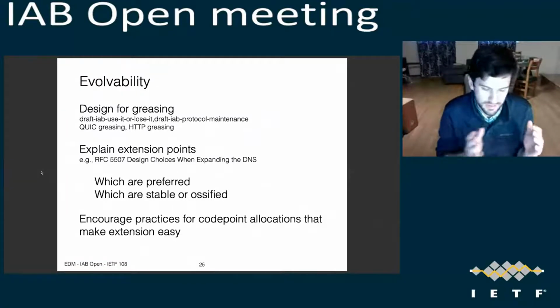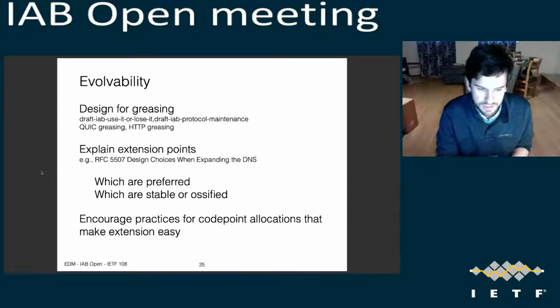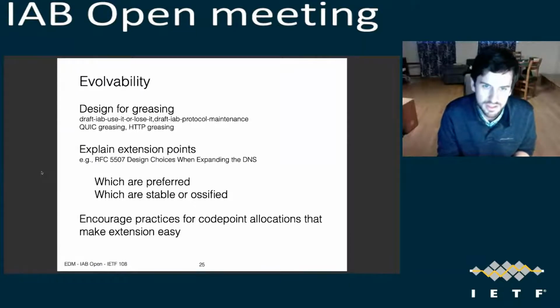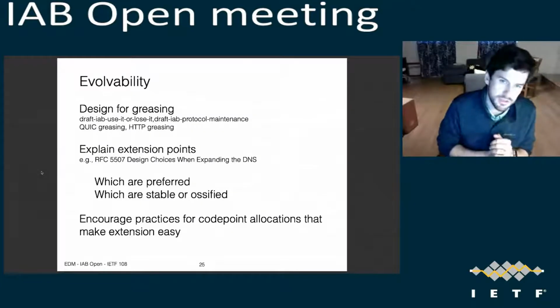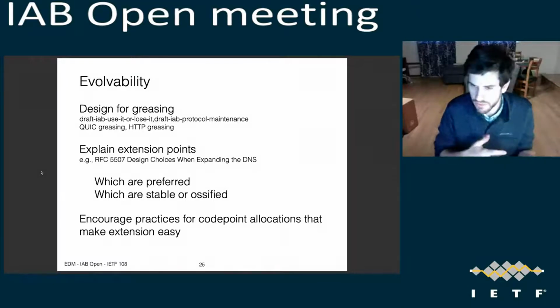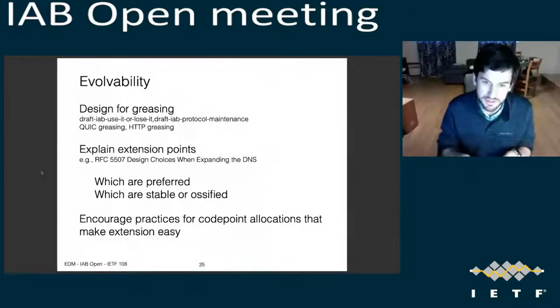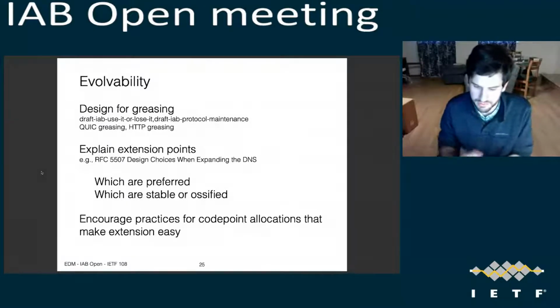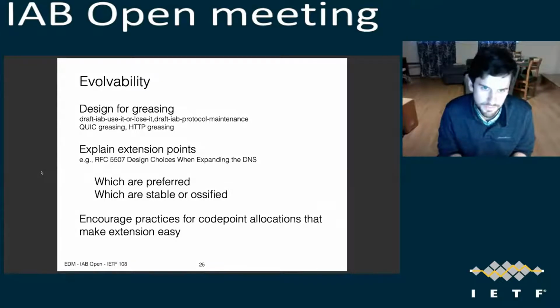Some of this is stuff that was in the previous programs we had, like the use it or lose it draft or the protocol maintenance draft. Both of these are ones that Martin Thompson worked on a lot. They have not been published as IAB RFCs, but I think there's a lot of great material in there that we want to draw upon or see these documents through to completion.